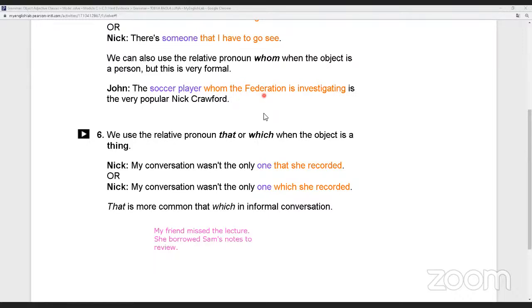Okay, I'm going to copy this and I'm gonna write here.